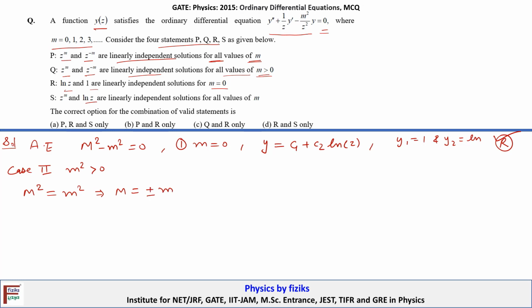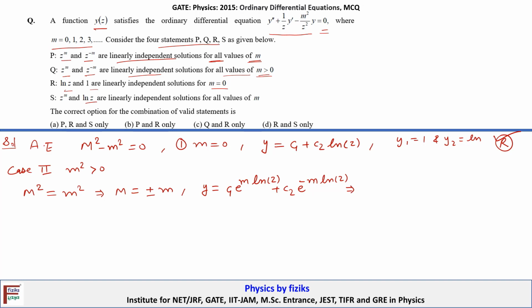Here the roots are real and different, and we can write the solution as c1 into e to the power m into x, but x is replaced by ln of z, so this is e to the power m into ln of z, plus c2 into e to the power minus m into ln of z.